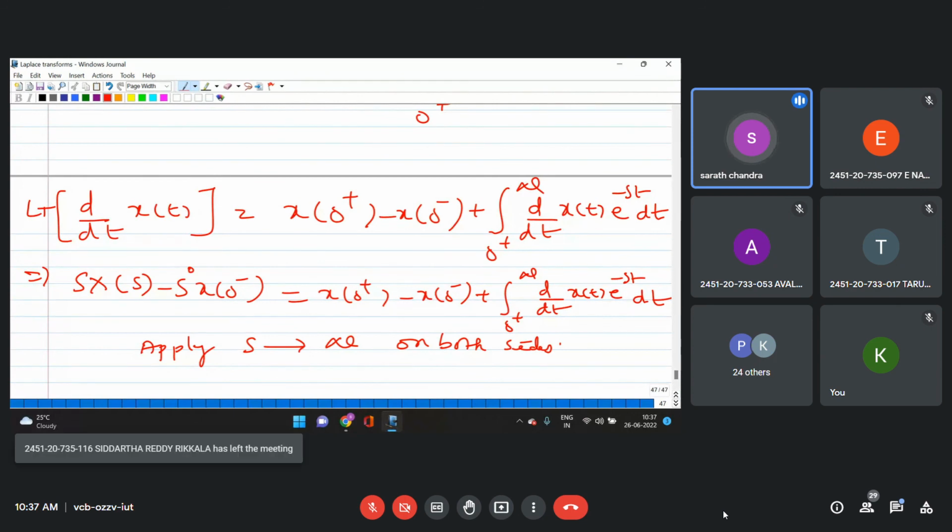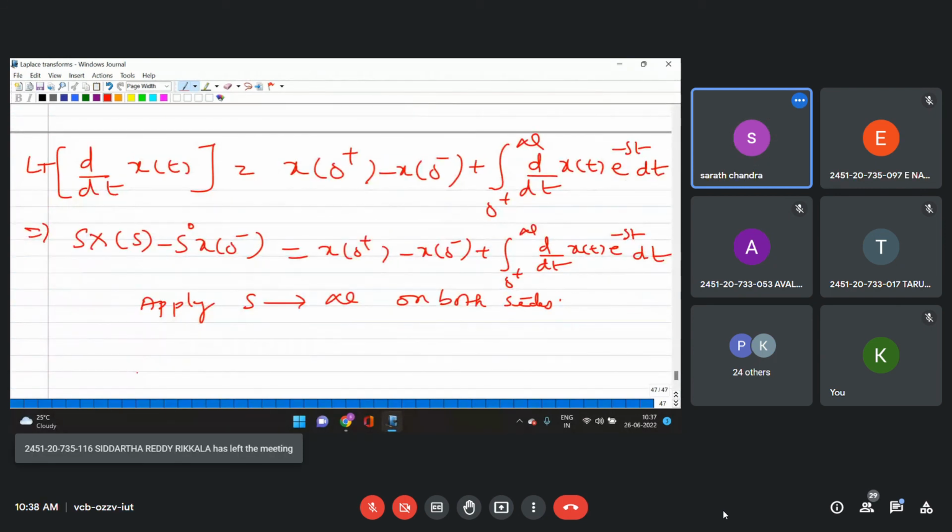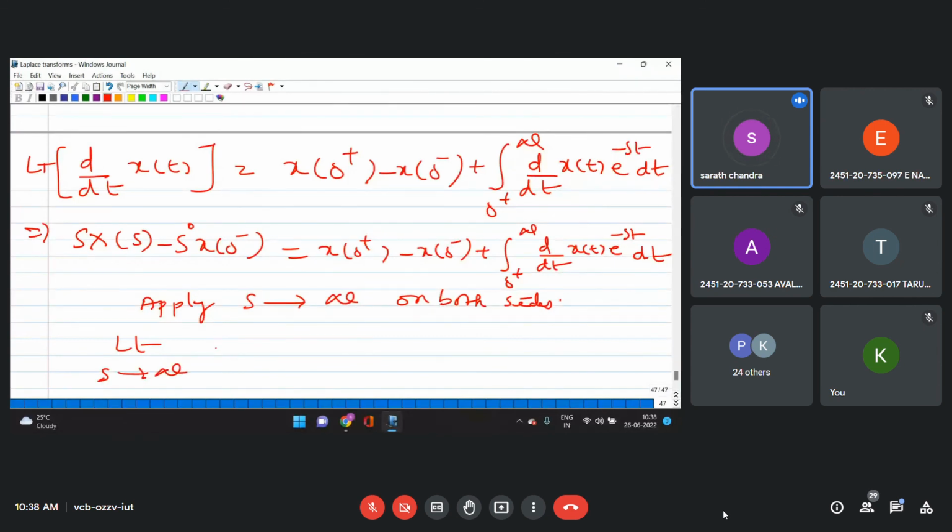So what will I get? I'll get limit s tending to infinity. If I do this, this will be gone, so I'll be left with only s into x of s on the left hand side.